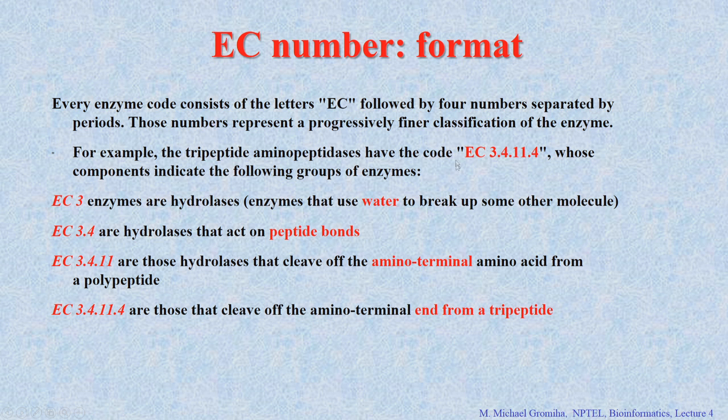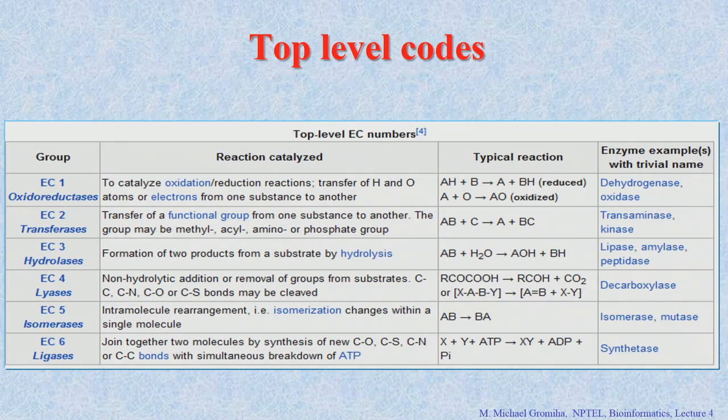The first number is the first class, right. EC3 enzymes are hydrolases, enzymes that use water to break up other molecules. There are different enzyme classes, classified into 6 top level codes: EC1, EC2, EC3, EC4, EC5 and EC6.